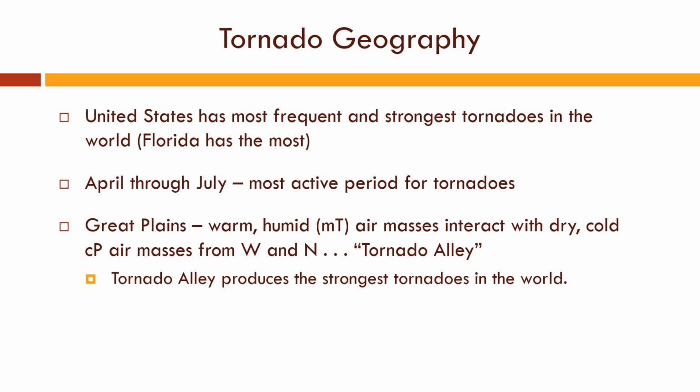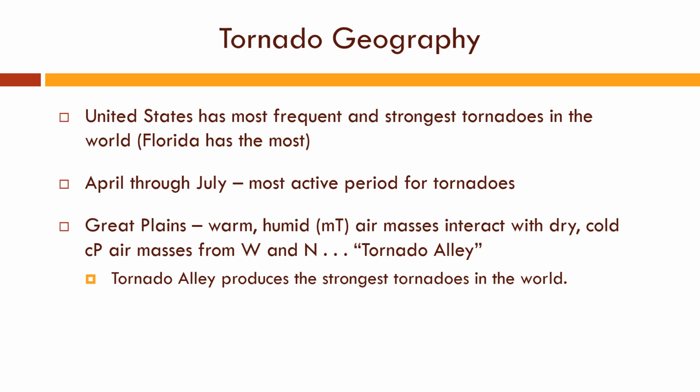For instance, lucky us, the United States has the most frequent and strongest tornadoes in the world, and poor Florida gets the most. The most active period for tornado activity is April through July, and if you had noticed with the tornadoes that I've cited so far, I think every single one of them was either in April or May. Spring through summer, about midsummer, is pretty much your big time for tornadoes.